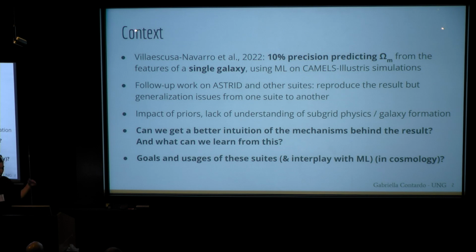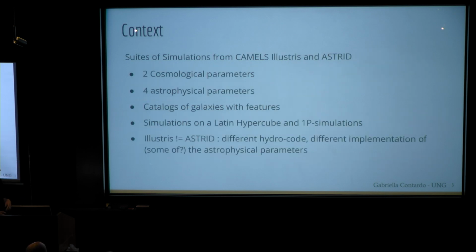But when I was doing this work with my collaborators, it brought up a bigger question: what are our goals when we design these simulations and all of these suites? Specifically, because the goal is probably to use machine learning, we should be careful with how we do things, and I guess that was relevant given the past couple of days' questions. But that's the underlying, looming big question behind all of this.